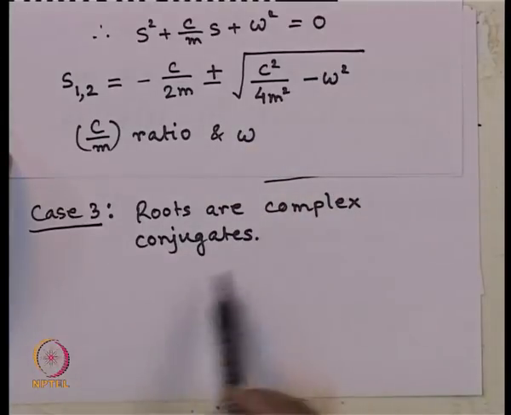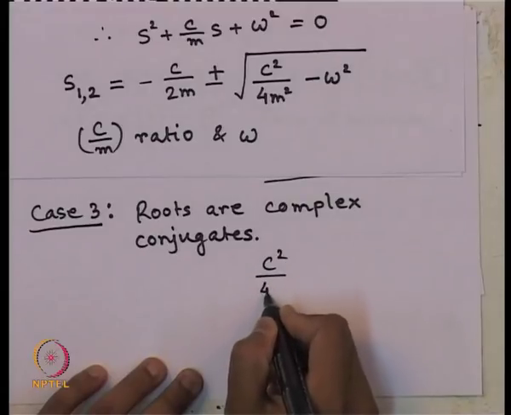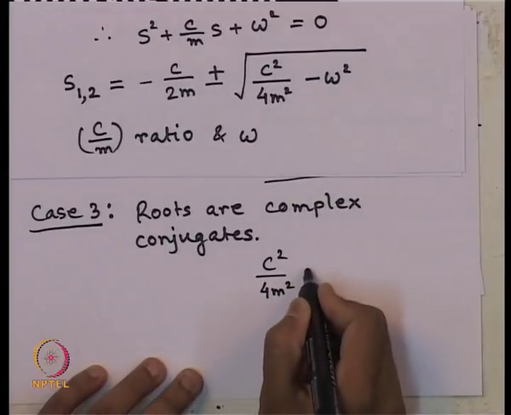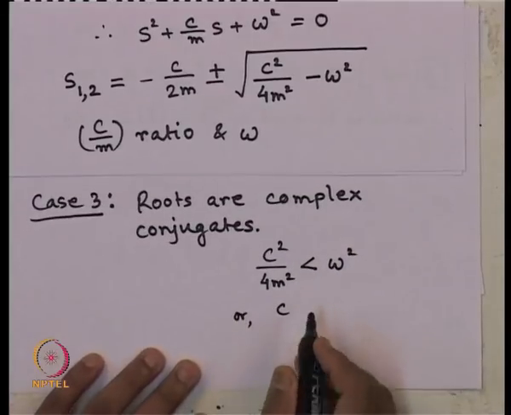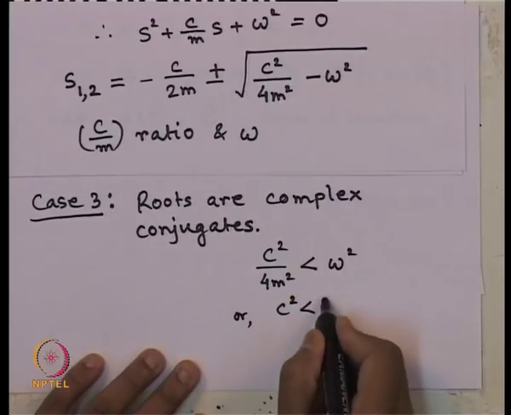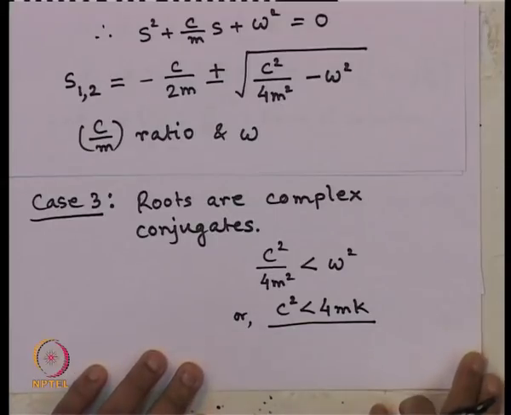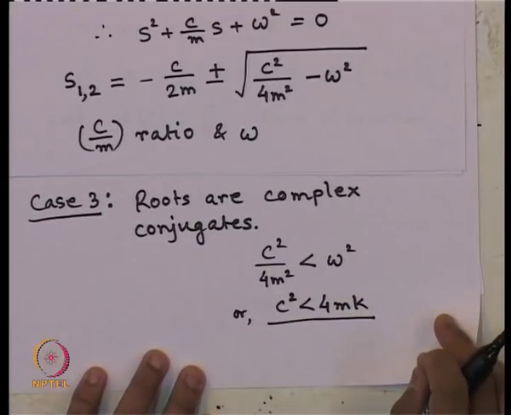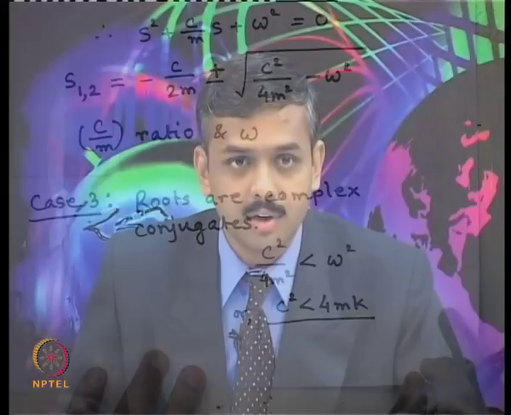So, that will form the complex conjugate. The condition for this will be this under root term c square by 4 m square is less than omega square, or in other words c square should be less than 4 m k. So, these are the three possibilities of solutions which we can get for this differential equation from this governing equation of motion. Now, let us look at each of these three cases what we can obtain.